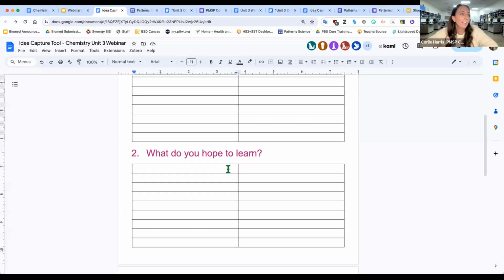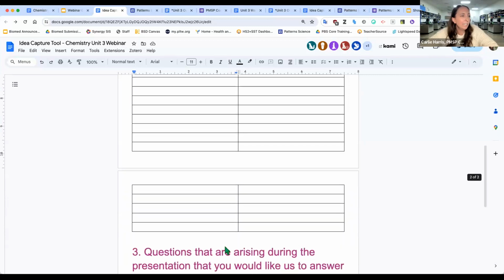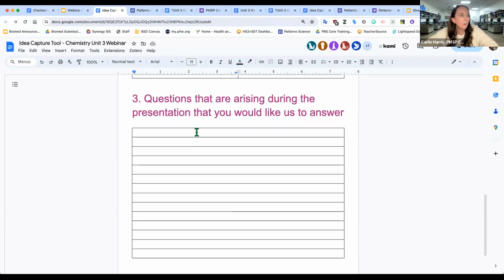If I can see this on the fly, I might be able to help answer some of these or do my best to serve your needs. And there's also a place here for some questions. Of course, you can use the chat box too, but if you have some other general Patterns Chemistry questions, you can leave those questions there.